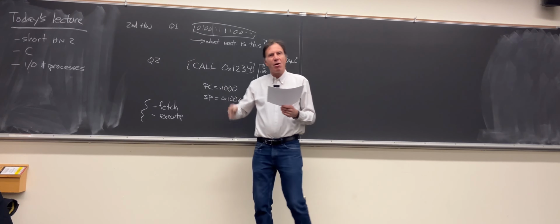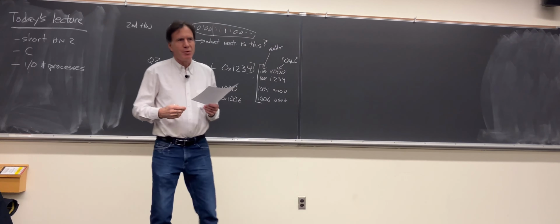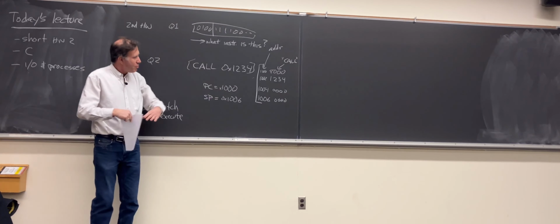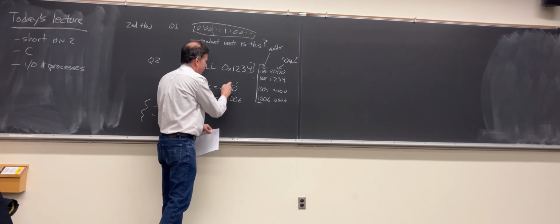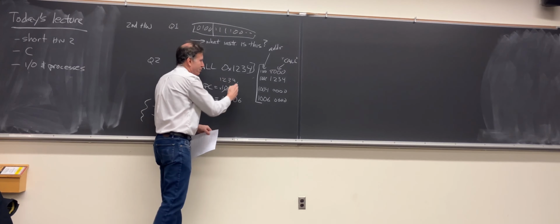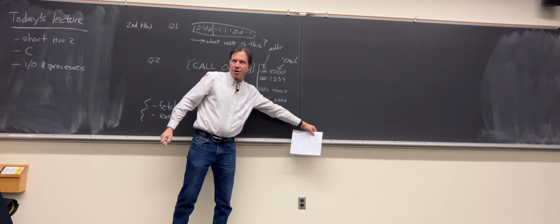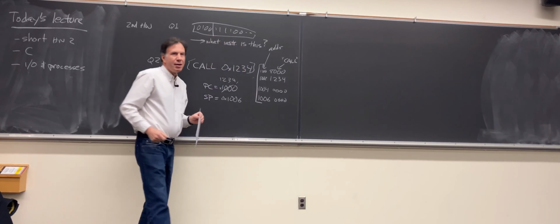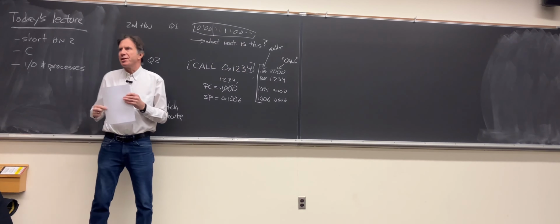Then we start all over on the next instruction with no memory of the previous one, but we've changed this. And so now our function over here is executing. Questions on this?